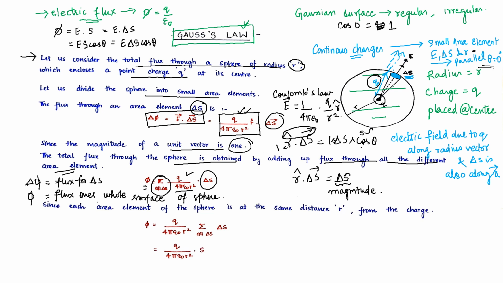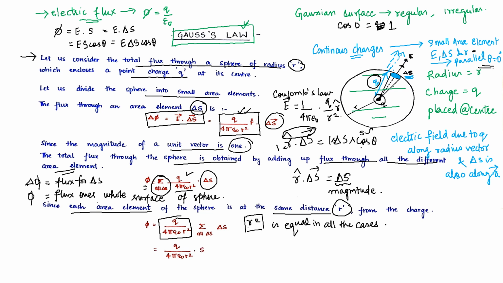Okay, since each area element of the sphere is at the same distance r from the charge, we can say this value will remain the same, because the value of r square is equal in all the cases.